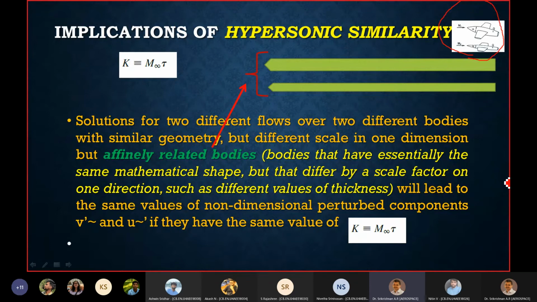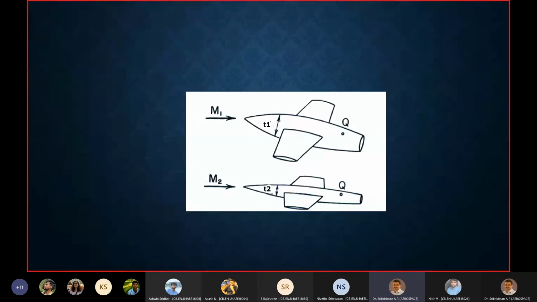But as long as M infinity 1 into tau 1 is equal to M infinity 2 into tau 2, then the velocity field around them will be similar, or will be equal. That is the statement of hypersonic similarity, and it can be applied to many bodies of interest in hypersonic air breathing propulsion.